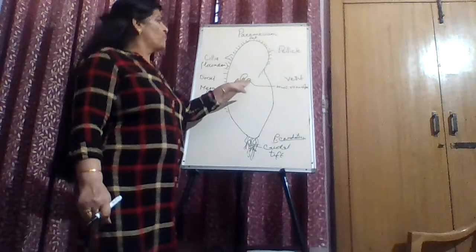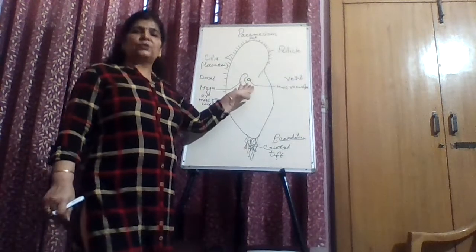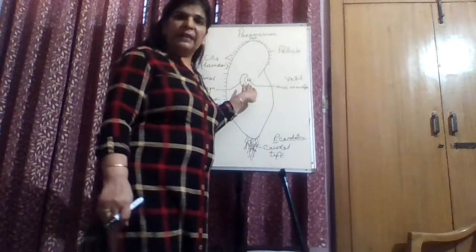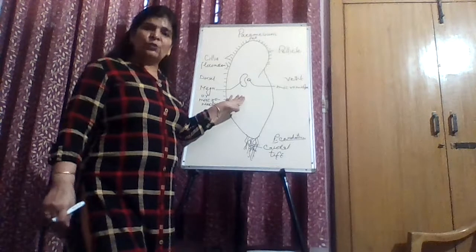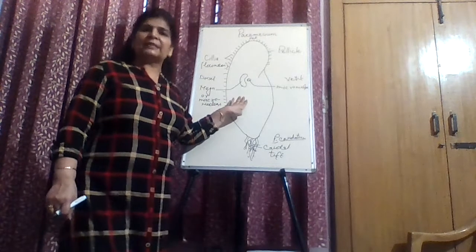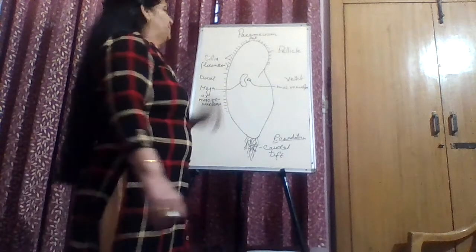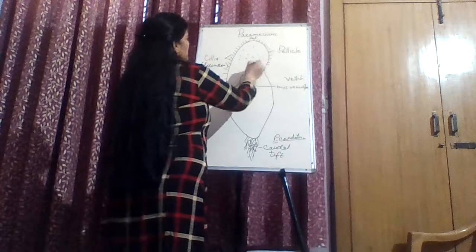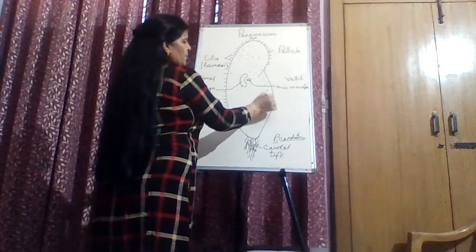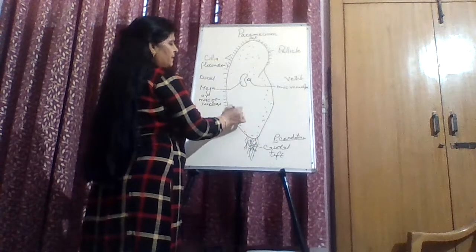The function of the micronucleus is to control the reproductive activities, while the function of the meganucleus is to control all other activities except reproduction.